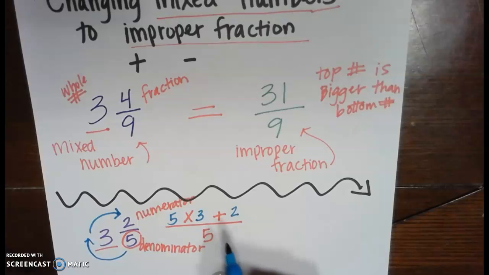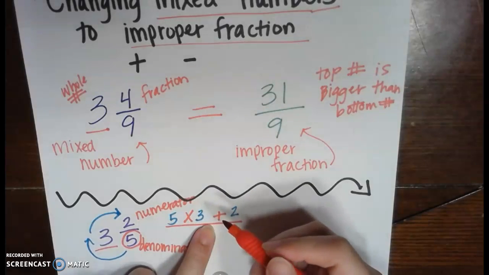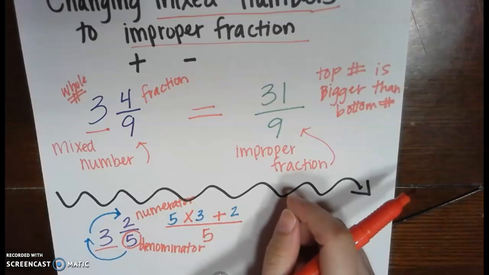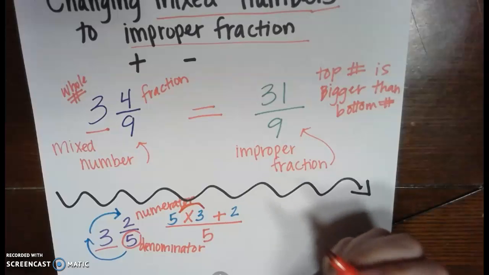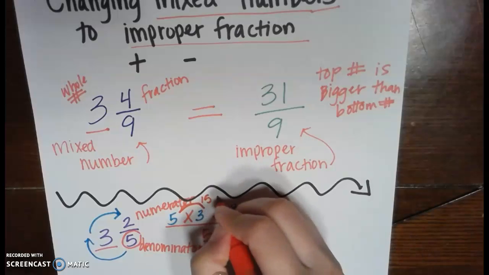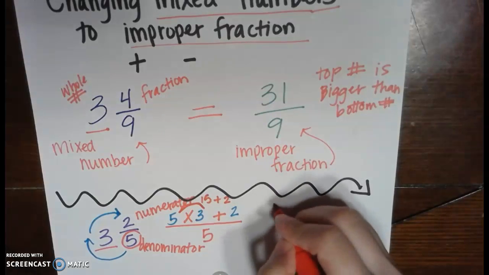From here, I'm going to then do my order of operations. We're going to multiply 5 times 3. 5 times 3 is what? 5, 10, 15. So this all together is 15. 15 plus this last 2. 15 plus 2 is 15, 16, 17.